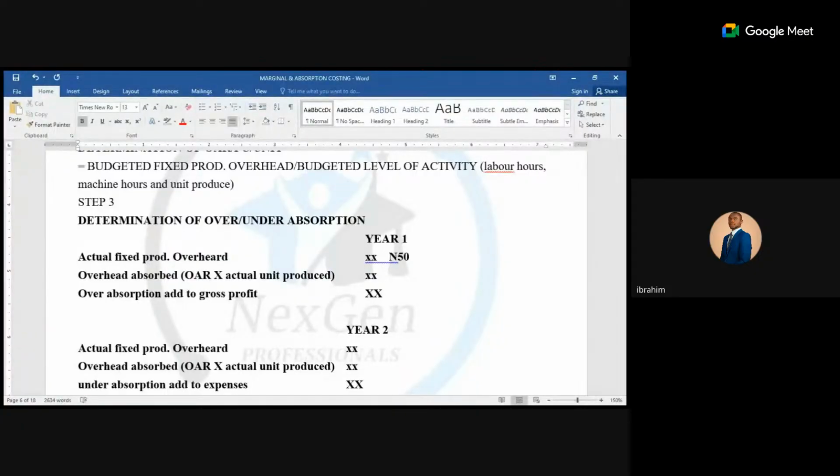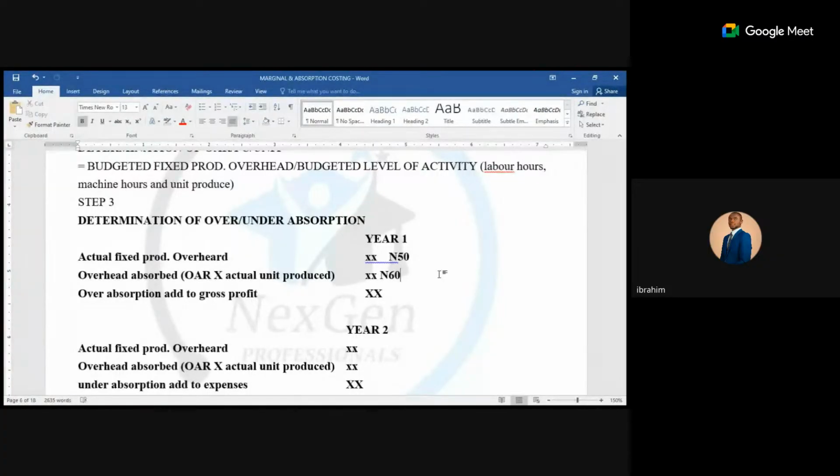Now, let's see the overhead absorbed. Let's say the overhead absorbed is 50. Don't forget that if your overhead absorbed is greater than the actual, you have over absorption. Now, you may be looking at it, this is actual. Can you see the actual of 50 naira?